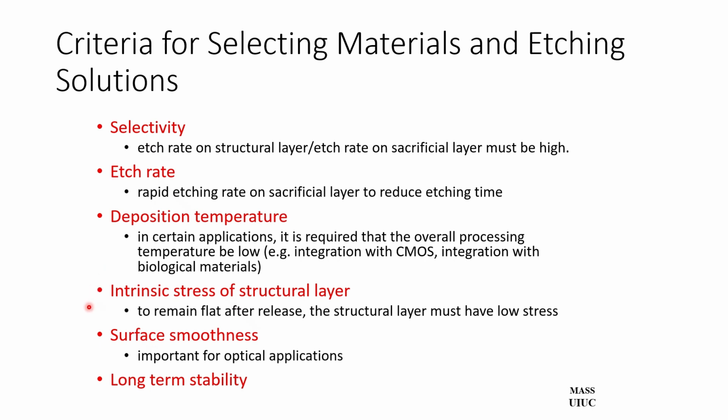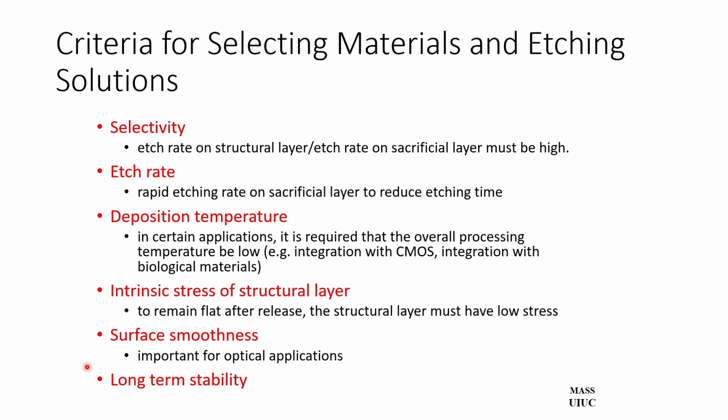The intrinsic stress of the structural layer needs to be considered. Some materials have stress, and this stress is intrinsic upon the completion of its processing. So if you want a structure to remain flat, then you need to identify materials where the intrinsic stress is zero or can be controlled.